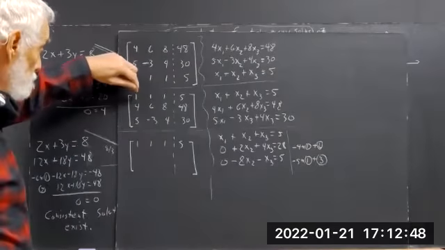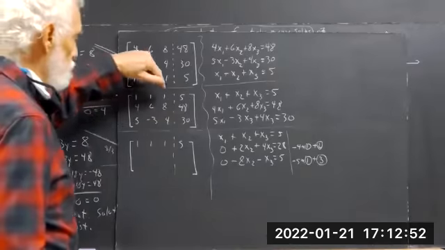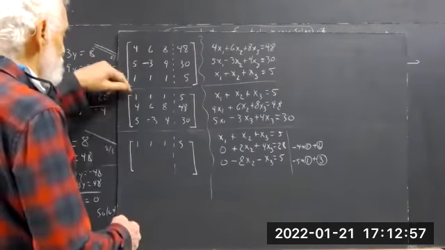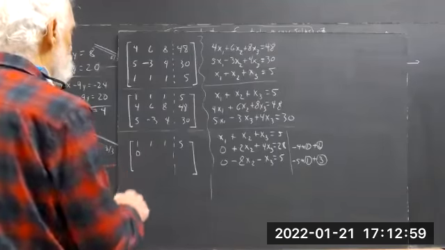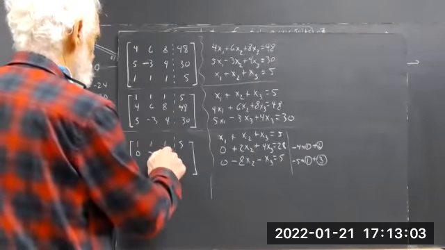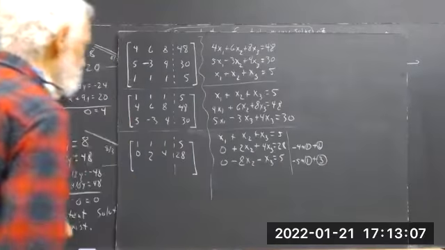-4 times the first row is going to give me 4, 4, 4, 20. Sorry, -4, -4, -4, -20. Okay, well, -4 and 4 gives me 0. -4 and 6 gives me 2. -4 and 8 gives me 4. -20 and 48 gives me 28.